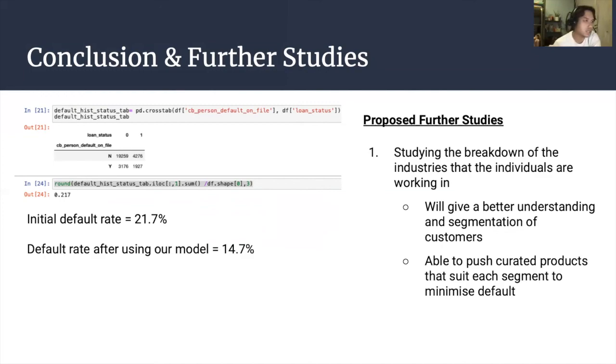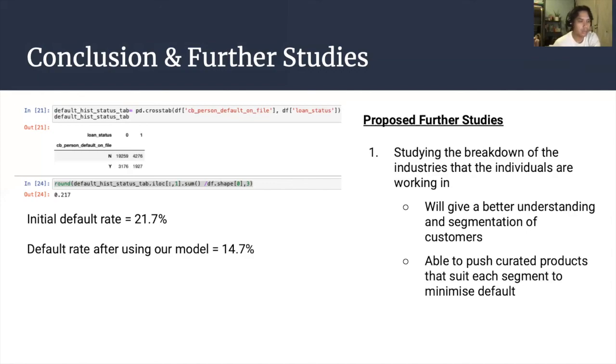following future studies. Studying the breakdown of the industries that the individuals are working in can be one. By having these details, it can possibly add interesting insights between the various industries and also the variables measured in the original data set.